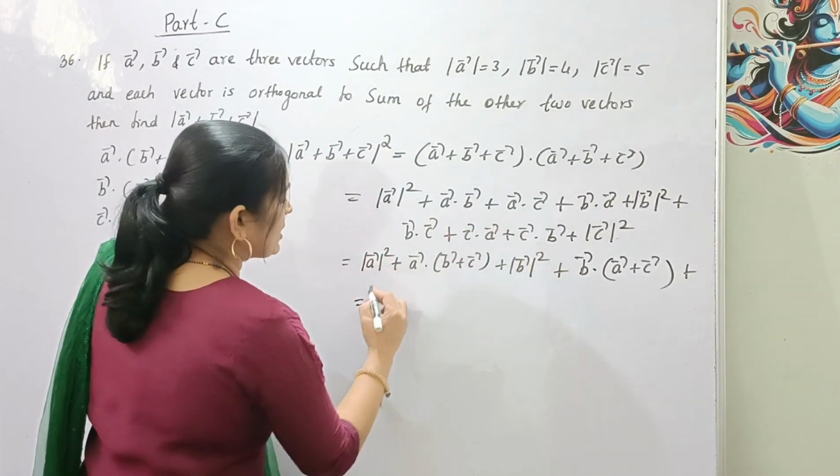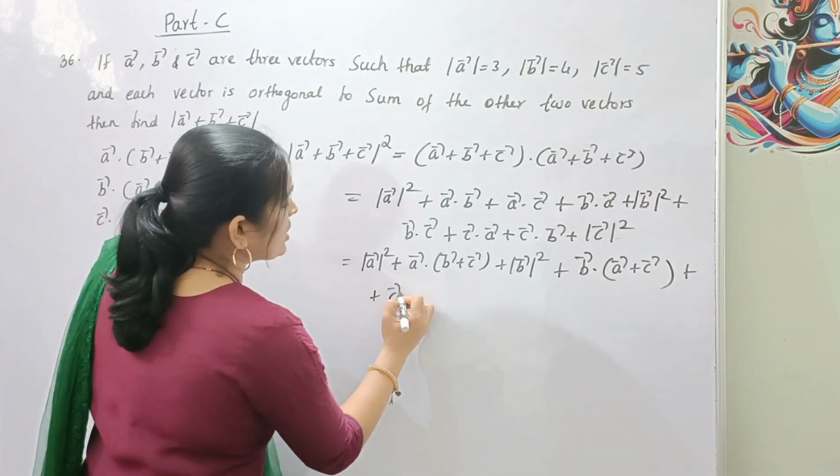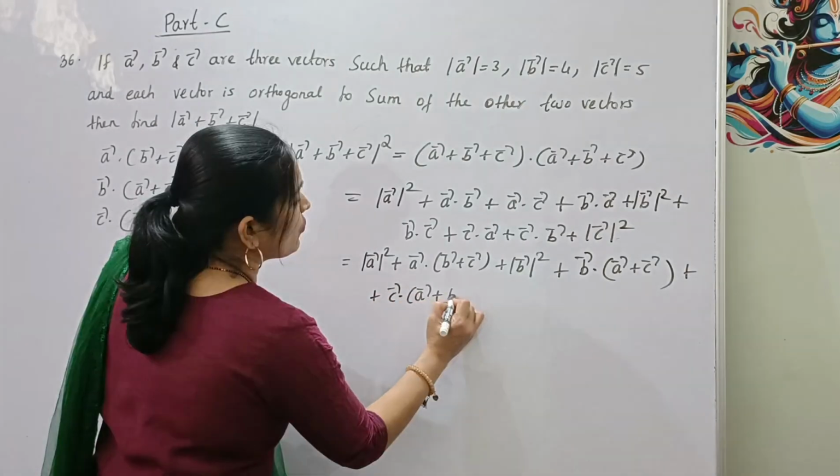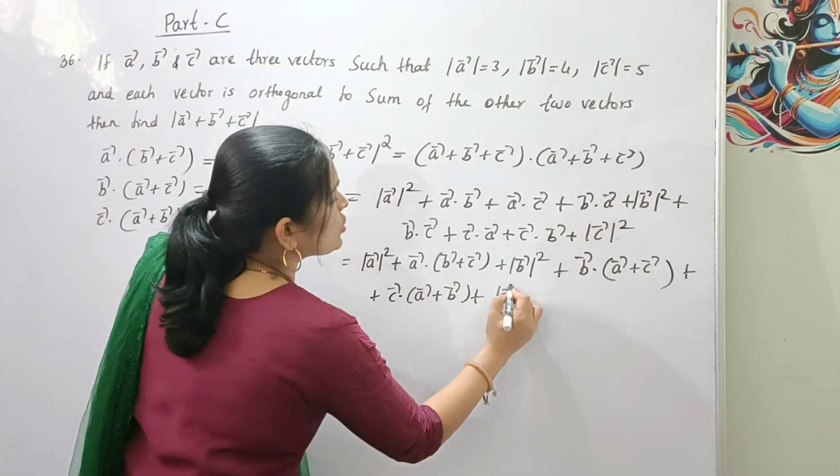So this can be written as plus vector C dot vector A plus vector B plus modulus of vector C square.